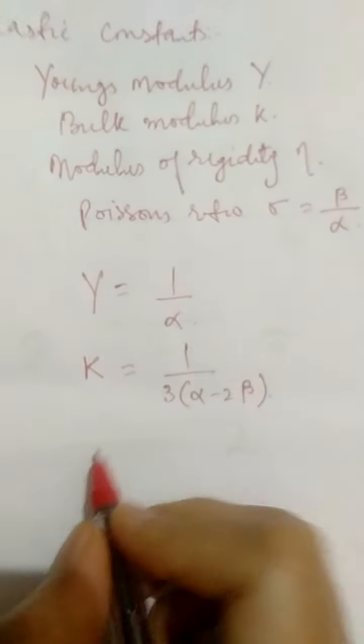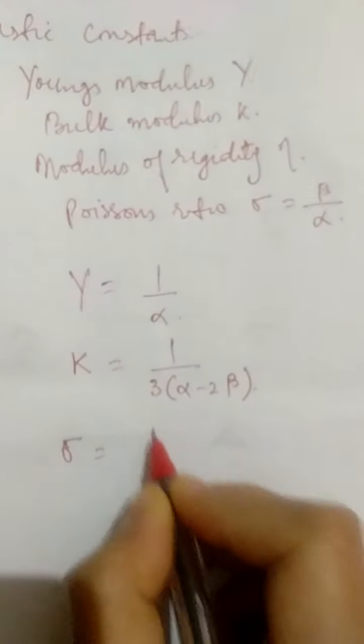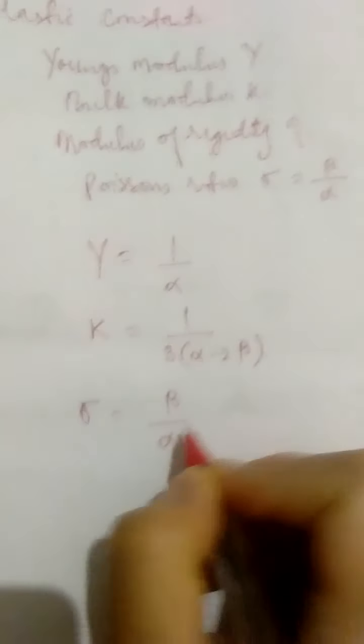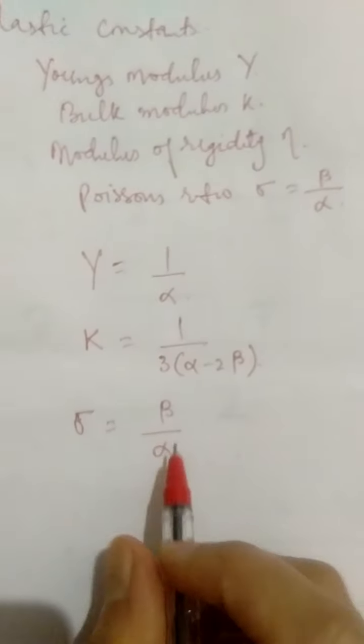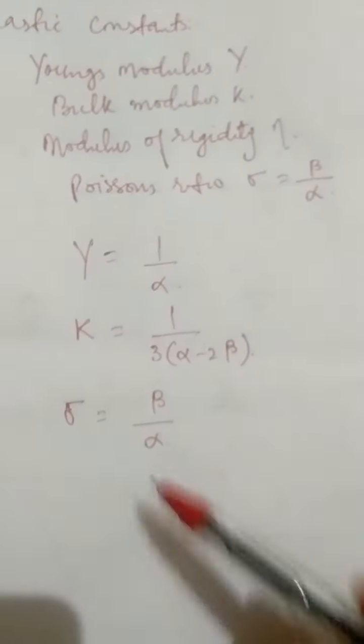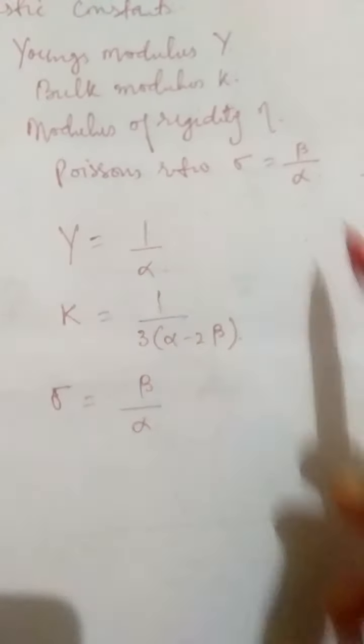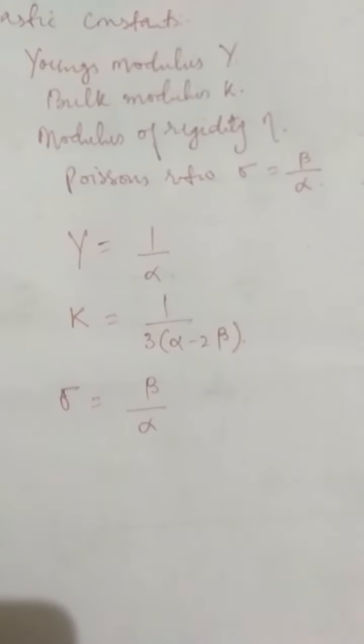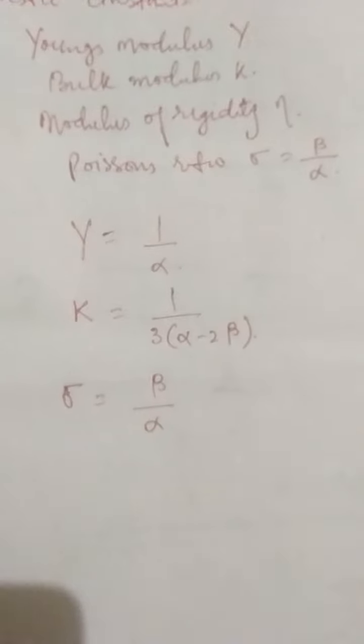And we also know that Poisson's ratio sigma is beta by alpha. Today we shall try to express the modulus of rigidity eta in terms of beta and alpha. Once we are able to do that, we are free to connect any three or any two of them in terms of alpha and beta, right?